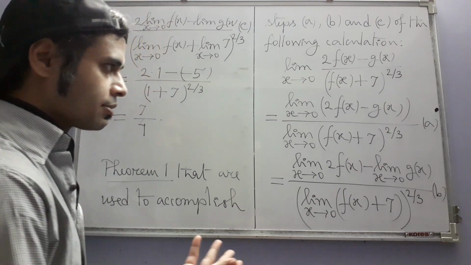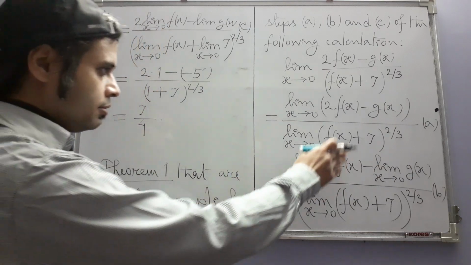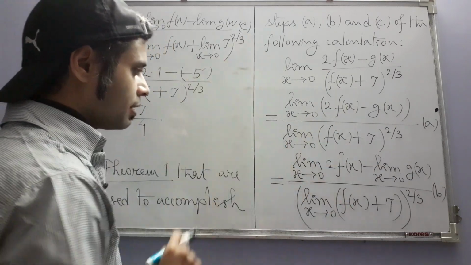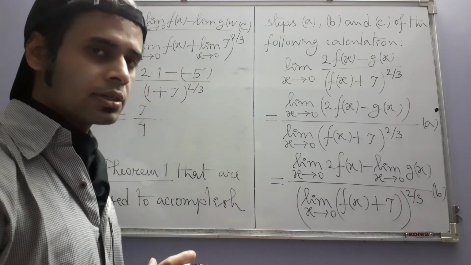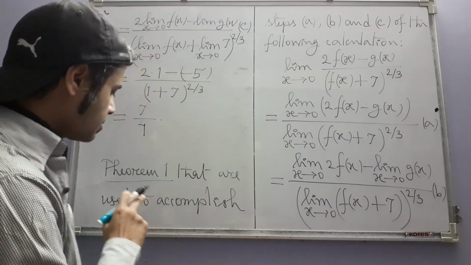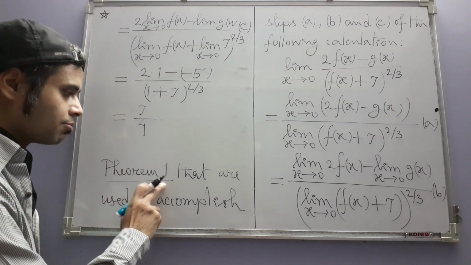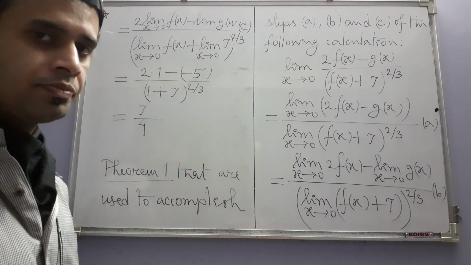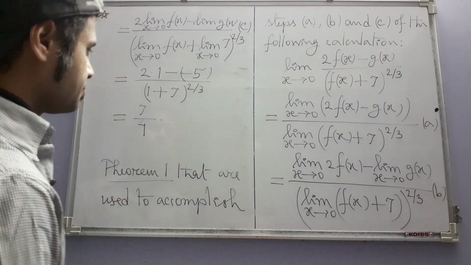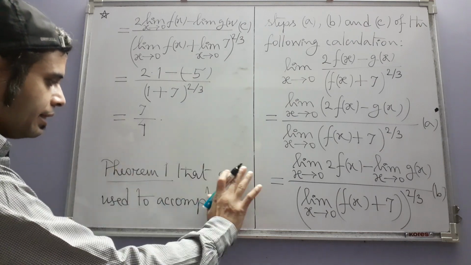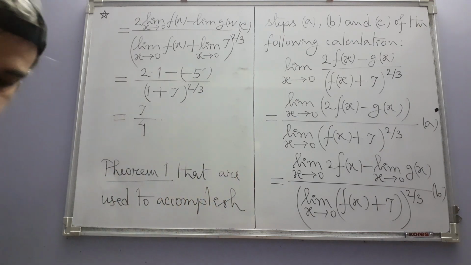So you can see what we have done, and in each of these numbered or labeled steps, what are the parts from theorem 1 that we have used. So that's it. I am not again writing something for this.